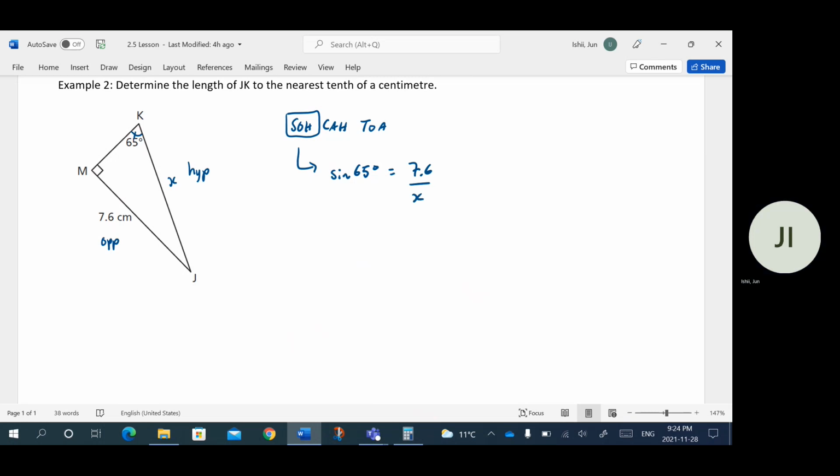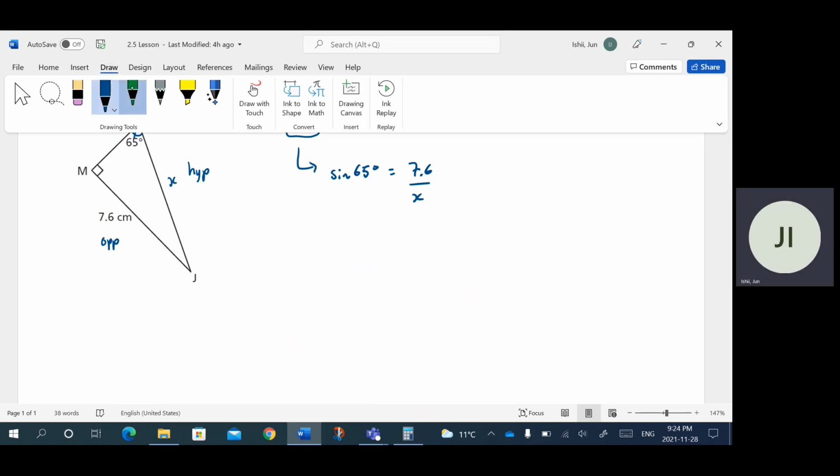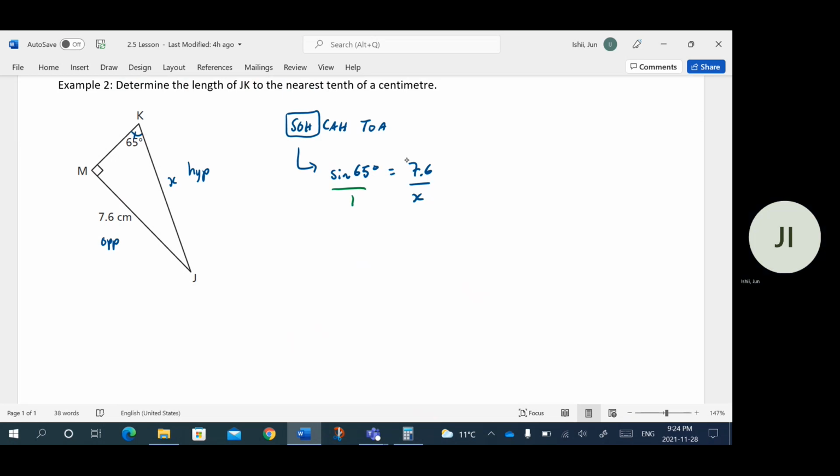Now this time to solve for x, I want to set up a cross multiplication. So sine of 65 degrees, I'm going to write that as over 1. Basically we're going to cross multiply.